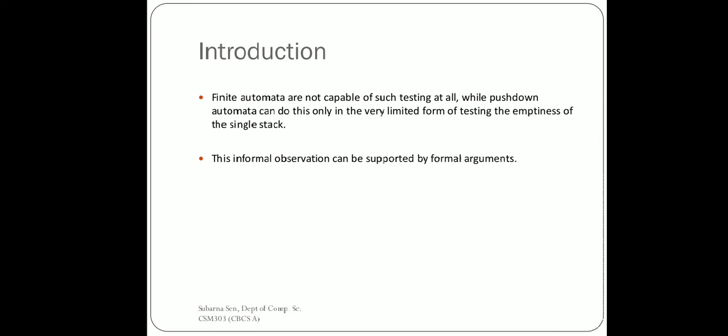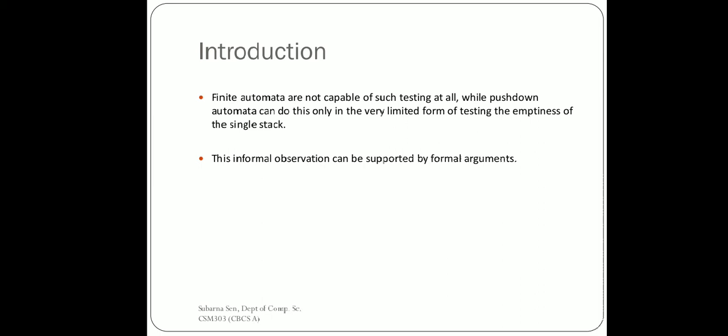So if you go on with approaches such as whether the number of A's and the number of B's are equal or not, pushdown automata are capable of doing that. It may test by emptying the stack or by moving to the final state, whatever approach we think of, but it can still do something, though it's very limited. But a Turing machine can do everything, right?